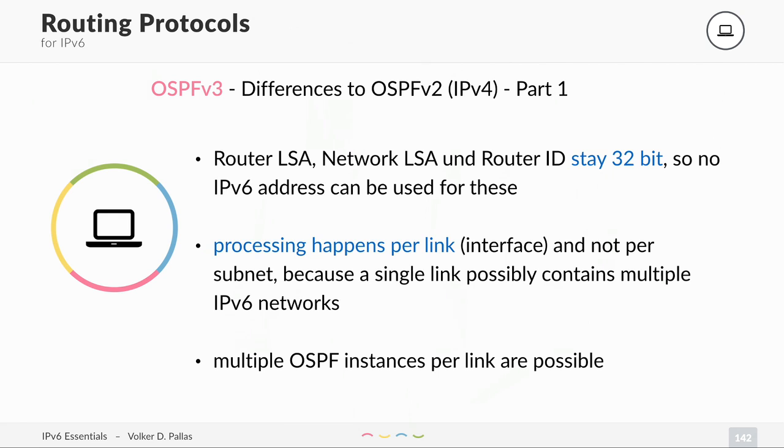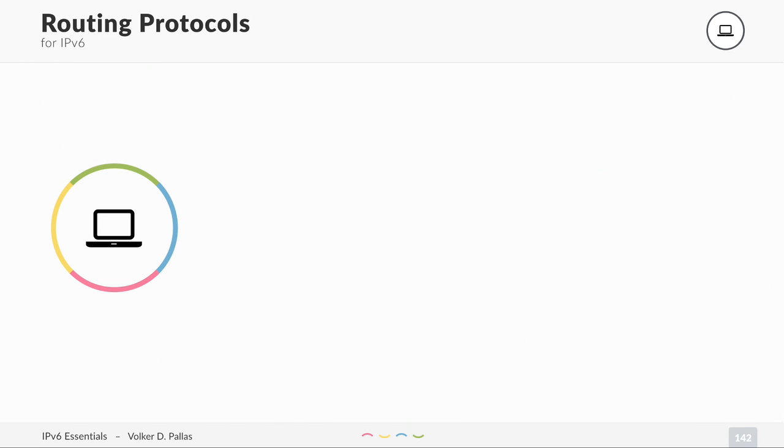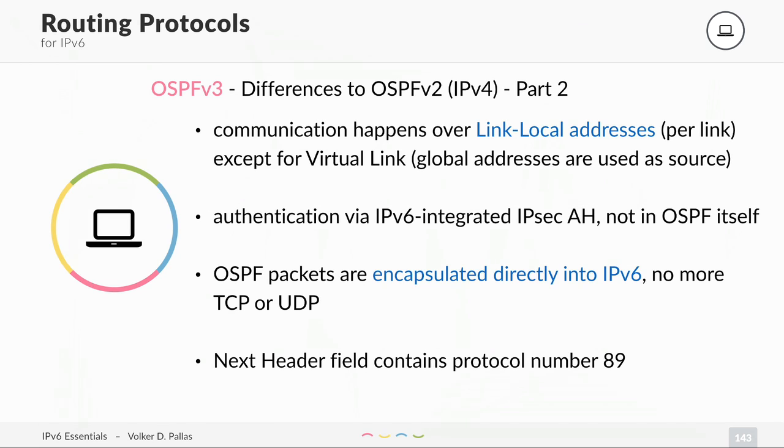And you can also run multiple instances per link if you like. The communication in OSPF version 3 happens over the link local addresses per link, except for the virtual link, but that's a special thing that we don't have to go into detail.